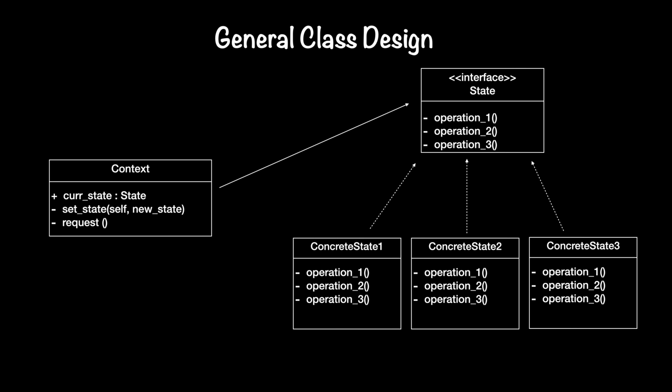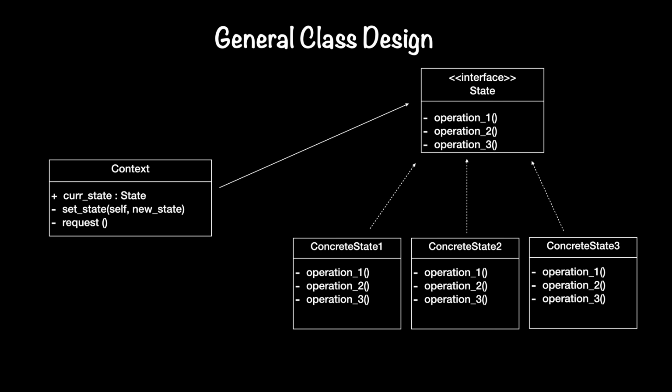Later, if it moves to yellow, then the current state will hold the object of the yellow class, the yellow state. This is how all the states which are encapsulated will keep on changing based on time intervals or based on its behaviors in the context.